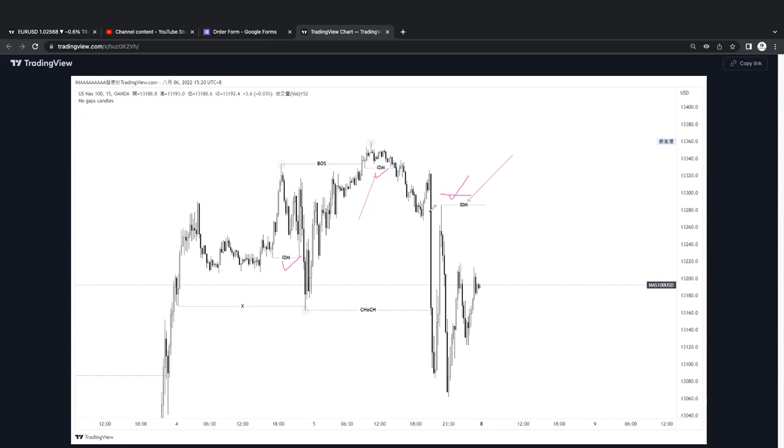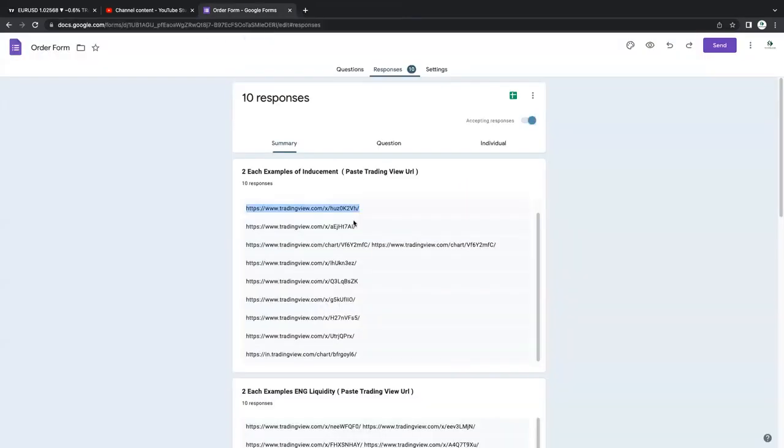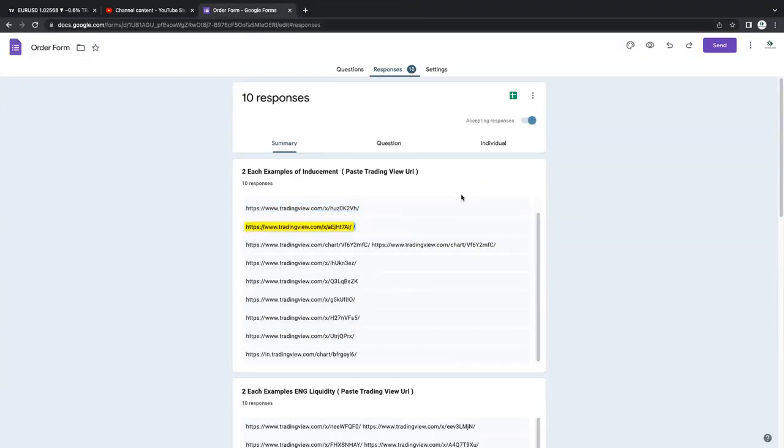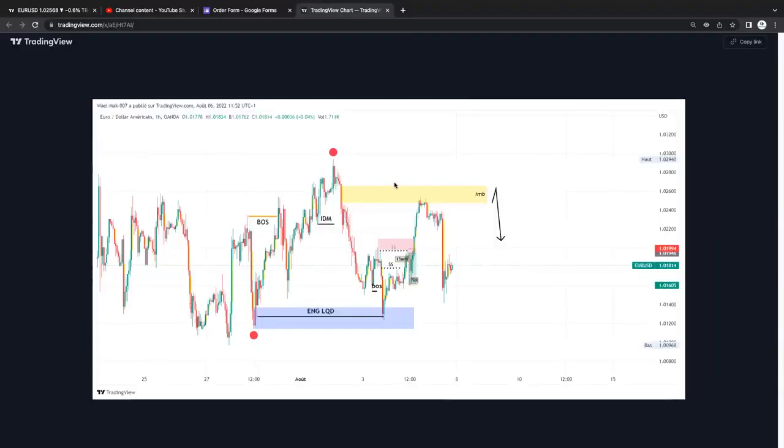Simple. Once the market has taken out the inducement, then your lower low and higher high are confirmed. Okay, this is a box inducement.